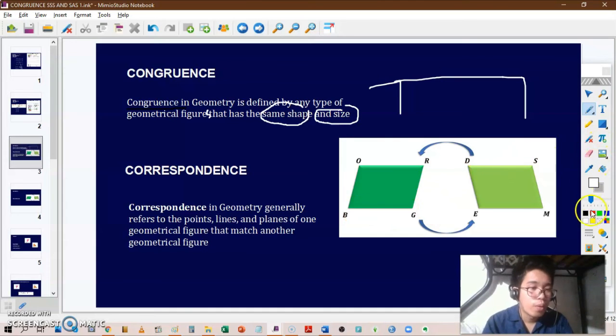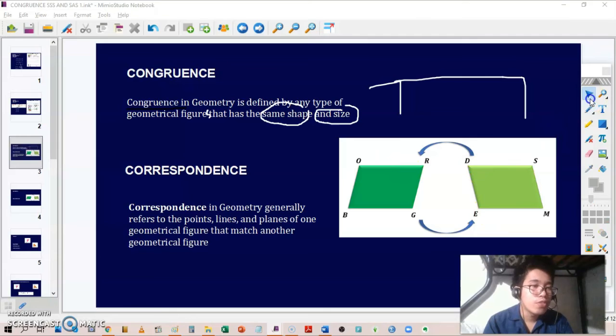For example, we have parallelogram BORG, and its different parts: the four vertices B, O, R, G. There are four vertices that correspond to parallelogram DSME.